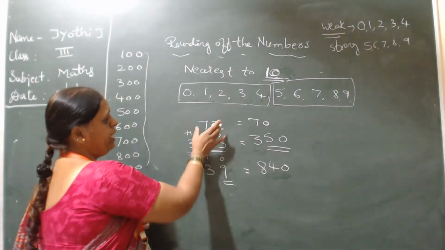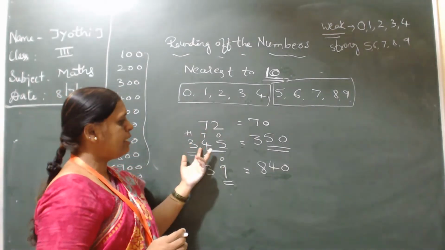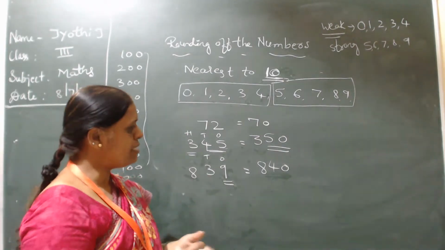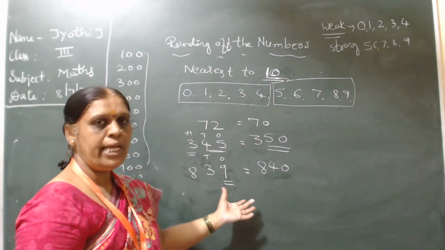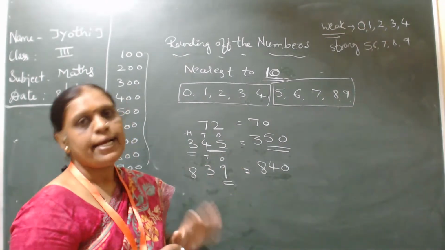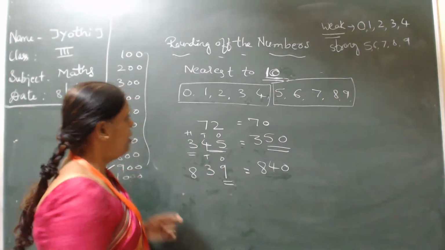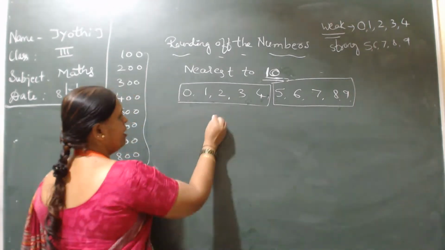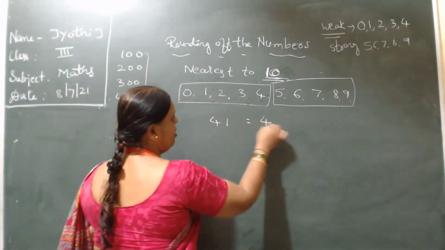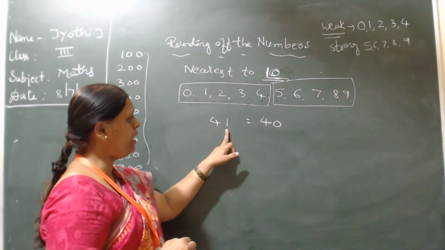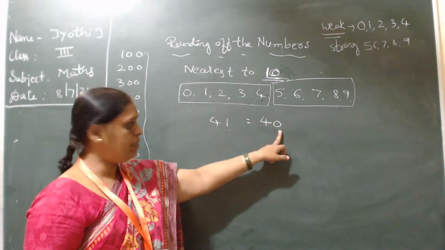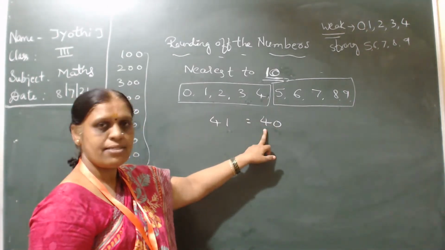Understand? What we did with 2-digit and 3-digit numbers, the same applies to thousands also. Thousands we keep as they are. Only we have to look at the tens numbers. So 41 will become 40, isn't it? 1 is less than 5, so it is rounded to the tens and remains the same.